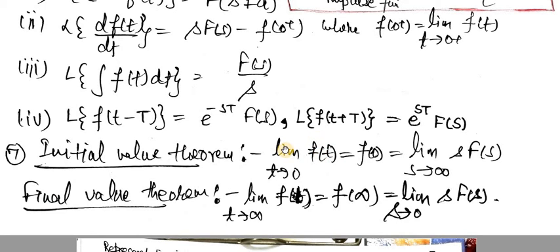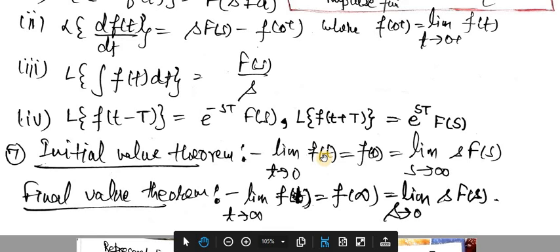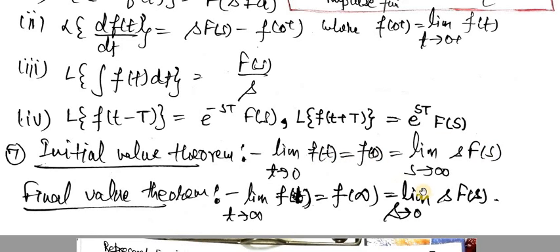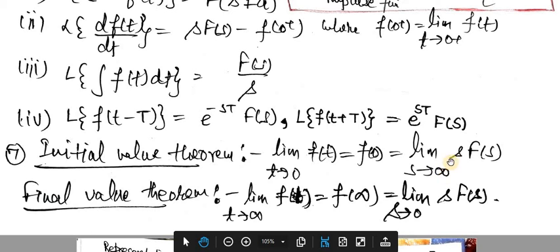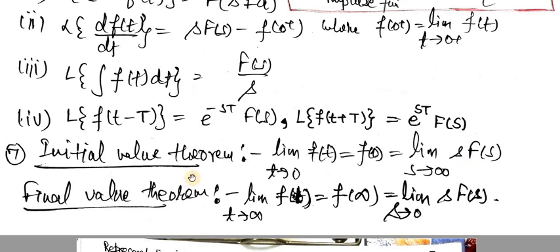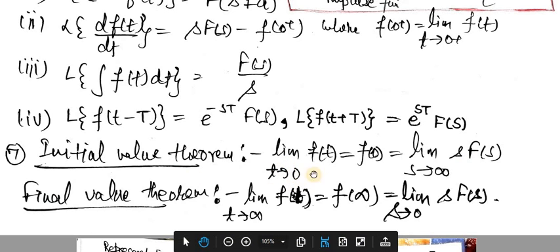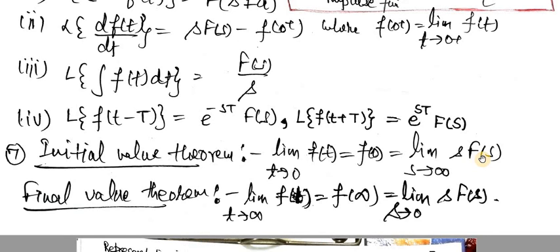The limit t tends to 0 of f(t) is equal to f(0), and its value in the Laplace transform is the limit s tends to infinity of sF(s). I repeat, the initial value theorem is the limit t tends to 0 of f(t), equal to f(0), and its value is the limit s tends to infinity of sF(s), where F(s) is the Laplace transform of f(t).